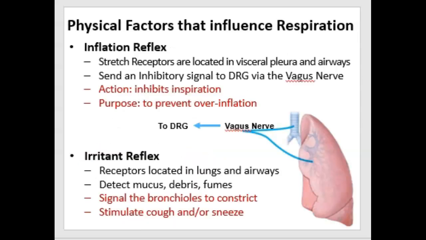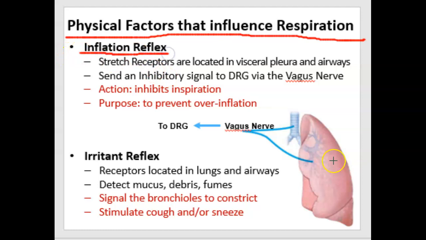So let's first look at the physical factors that influence respiration, or the rate of ventilation. The inflation reflex is particularly important because it deals with stretch, and its purpose is to prevent overinflation of the lungs.